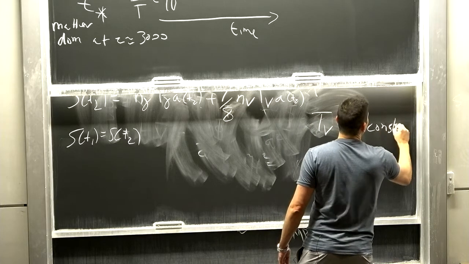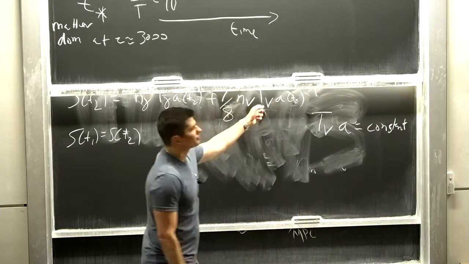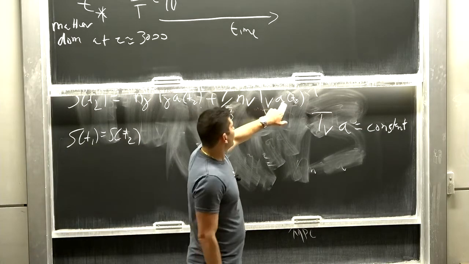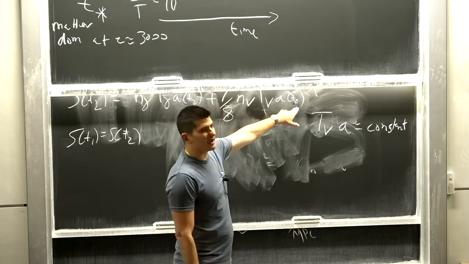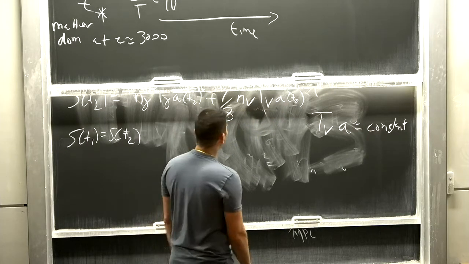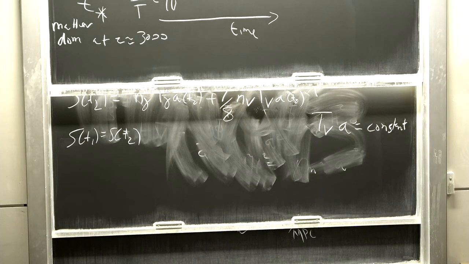As we said, nothing interesting is happening to the neutrino temperature, so this part doesn't change. So T nu times A at the second time is the same as at the first time, and so this factor completely cancels against this factor. It's the same on both sides.